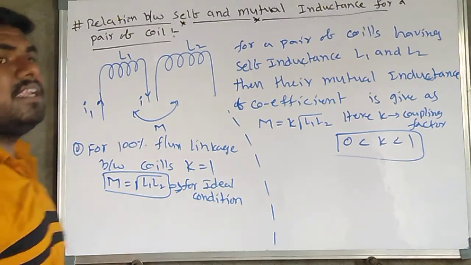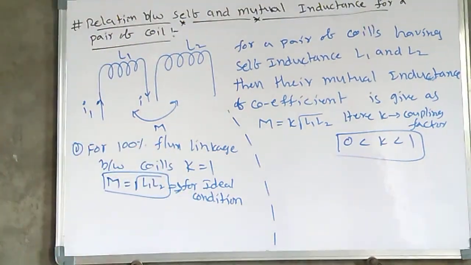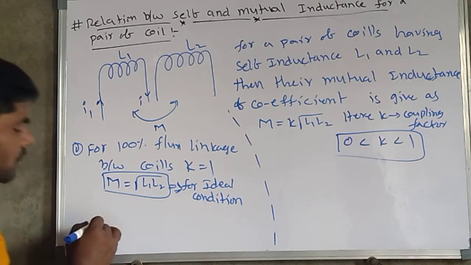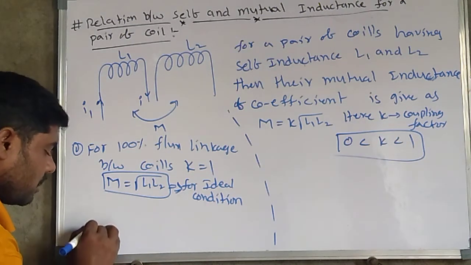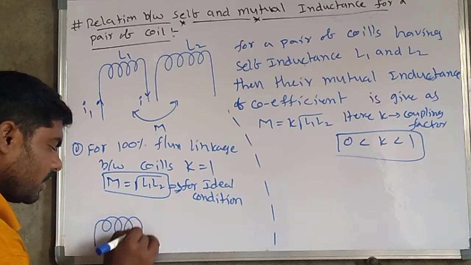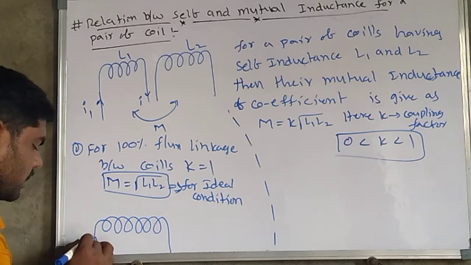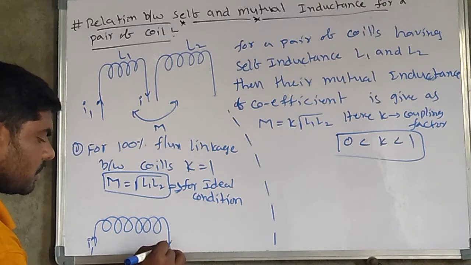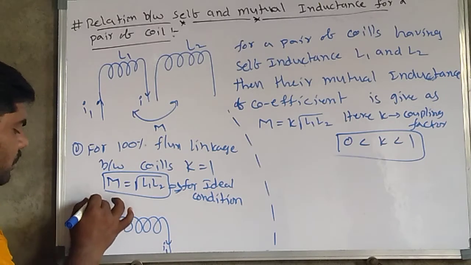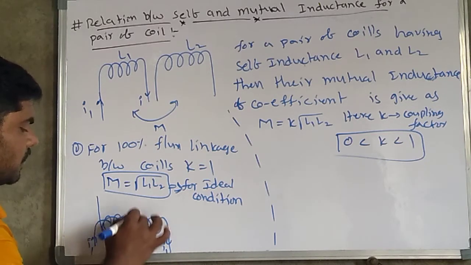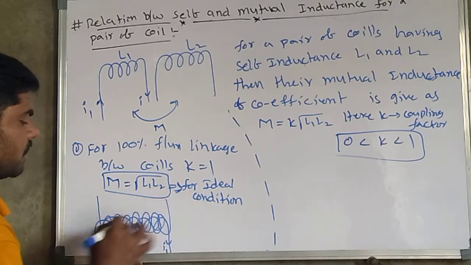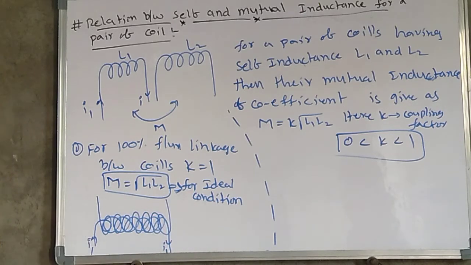Ideal condition means these two are arranged like this, with one inductor here and the current I1 leaving. Another arrangement is like this.